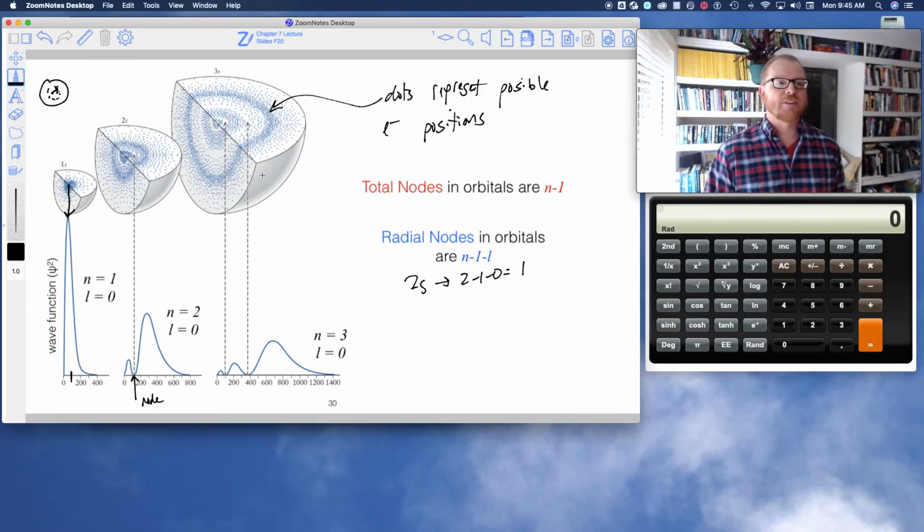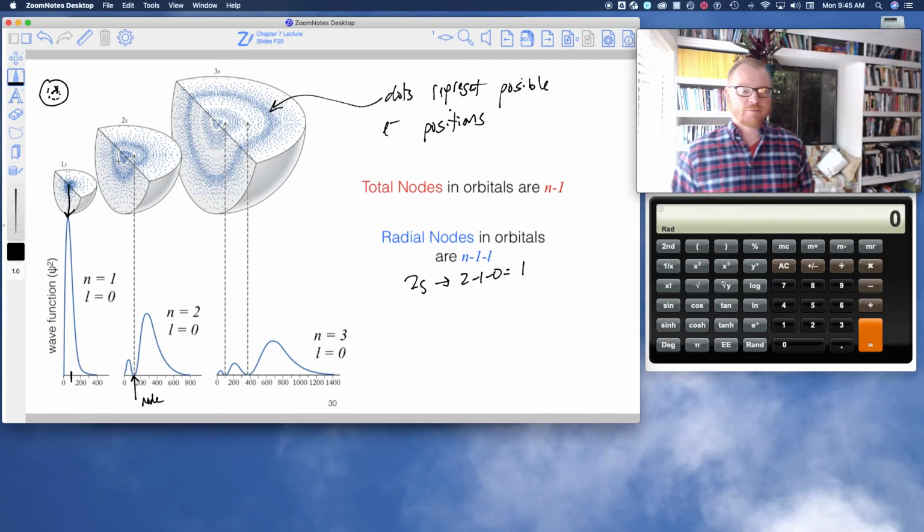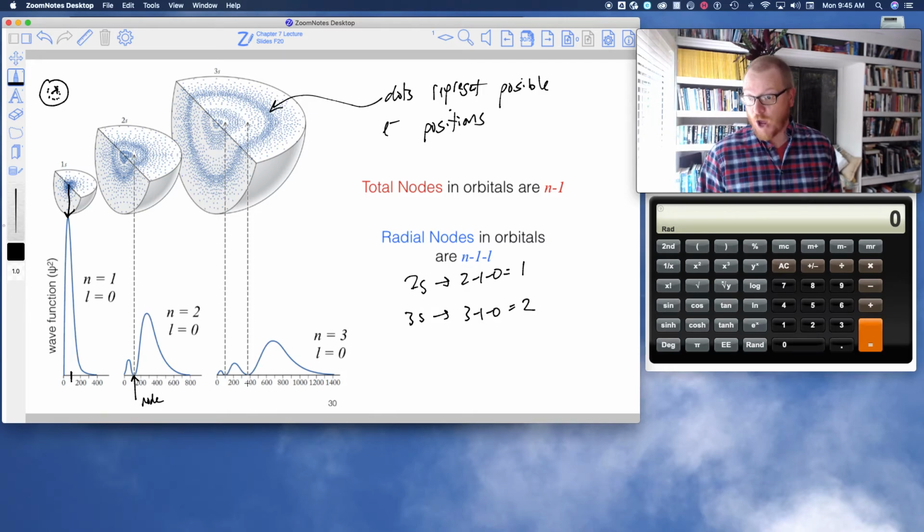And here you can see that node right there. It's kind of tough to see on the picture, but you can see where that gap is, where there's no electron positions. That's what makes up the node. And so now when we go to 3s, 3 and 0, 3 minus 1 minus 0 equals 2. And so there's my 2 radial nodes.